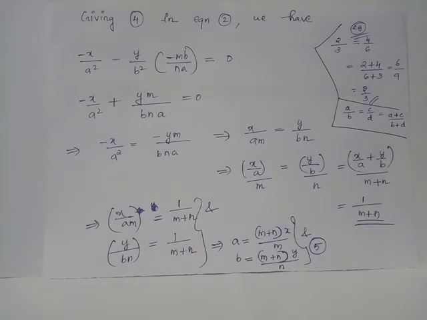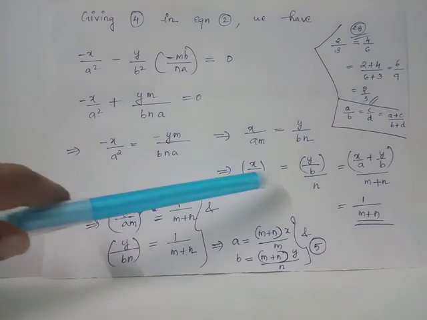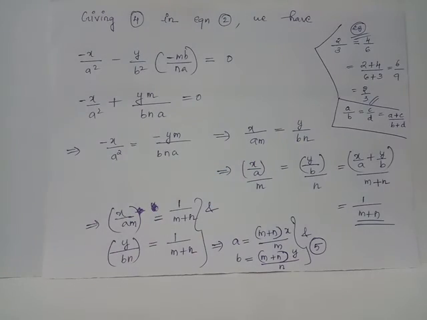By the componendo dividendo rule, whenever two ratios a by b equals c by d, we have a plus c divided by b plus d will also be equal to each of these ratios. By this general rule, these two ratios will be equal to x by a plus y by b divided by m plus n.